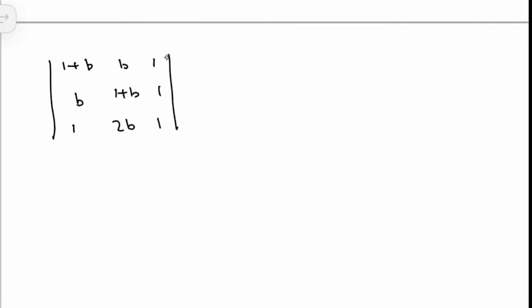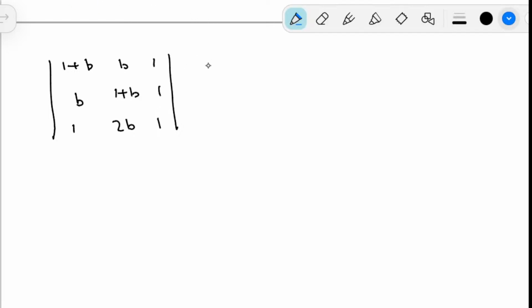Here, if you see something like 1 1 1, we can do row operations and make this one 0, this one also 0, so that we can calculate the determinant much faster. So for that, let's do some row operations.